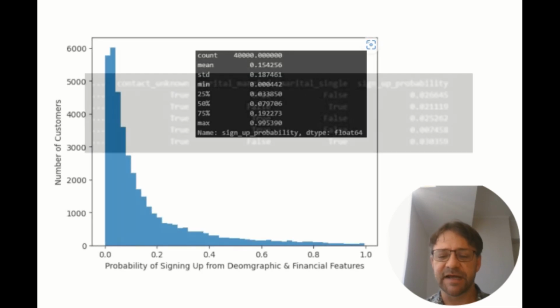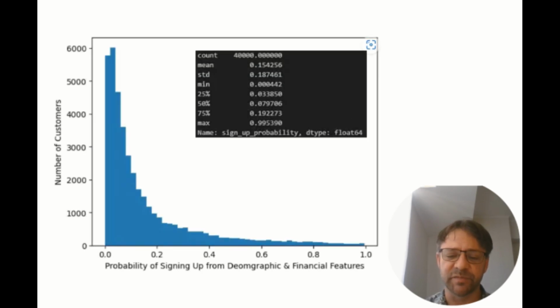Here is a quick distribution of how those values are spread across the entire data set. And we can see that the mean is about 0.15, which is pretty low. On average, most of the people scored 0.15.